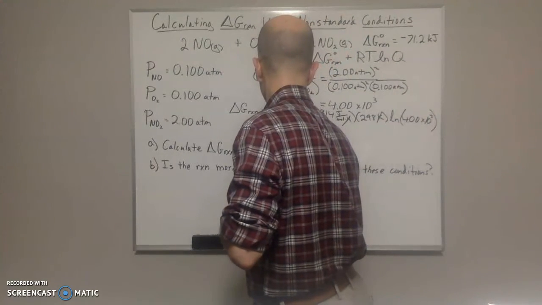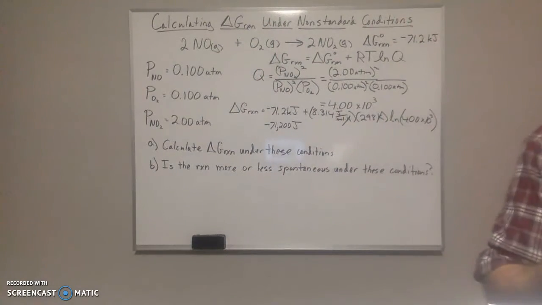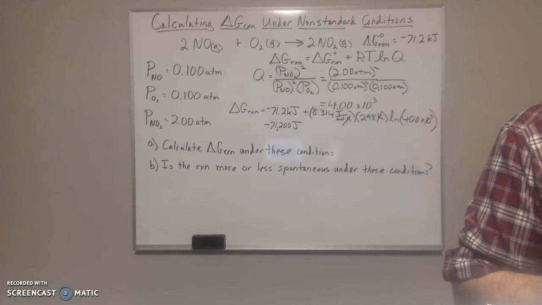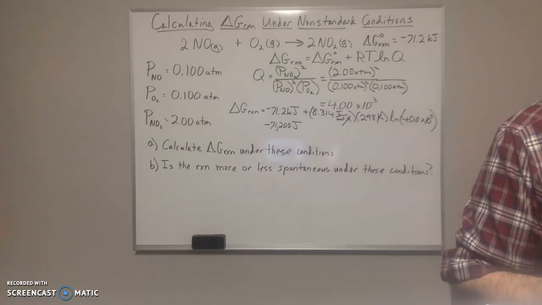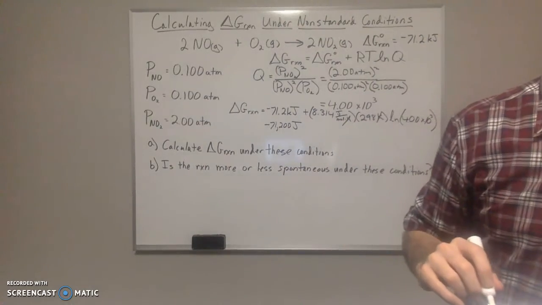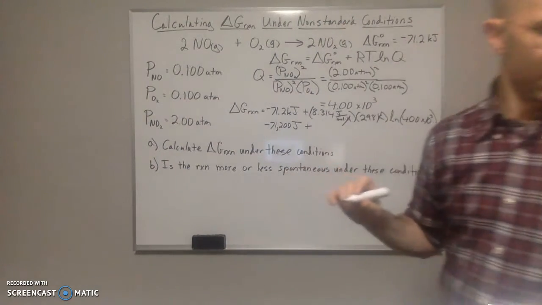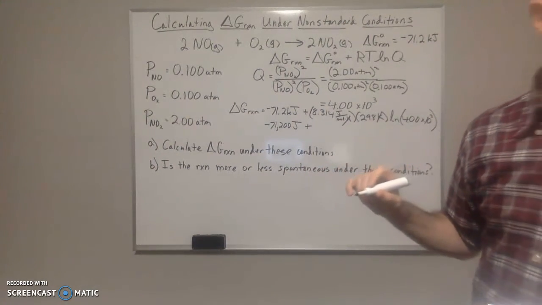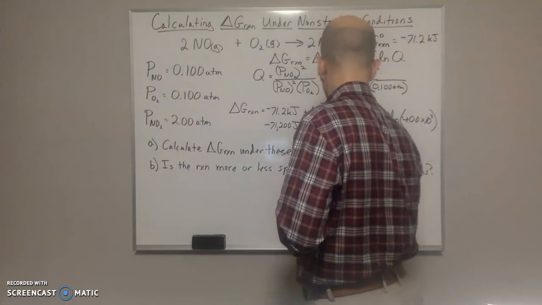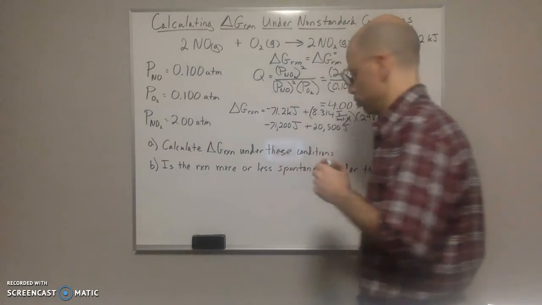So this is negative 71,200 joules, and this becomes 20.5, so that's going to be plus 20,500 joules.